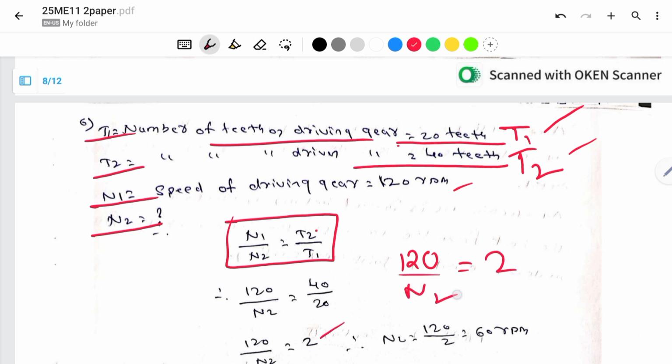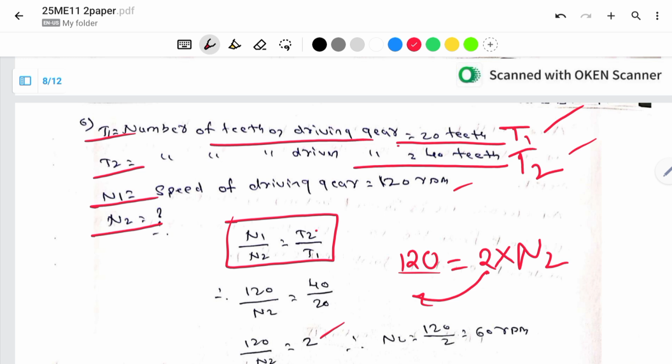N2 will remain as it is, so you have to shift N2 to this side. The equation will become 120 is equal to 2 into N2. Now N2 moves to this side.